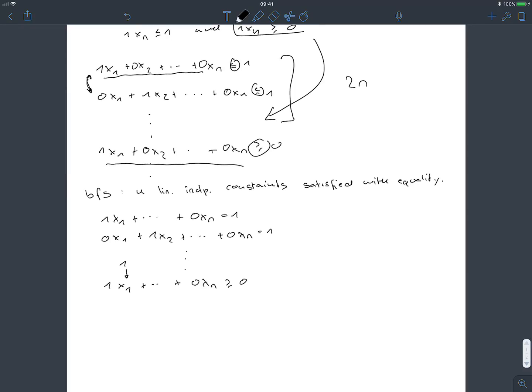For all other n, when we input 1 everywhere, it's obviously greater than 0. So that would be one.